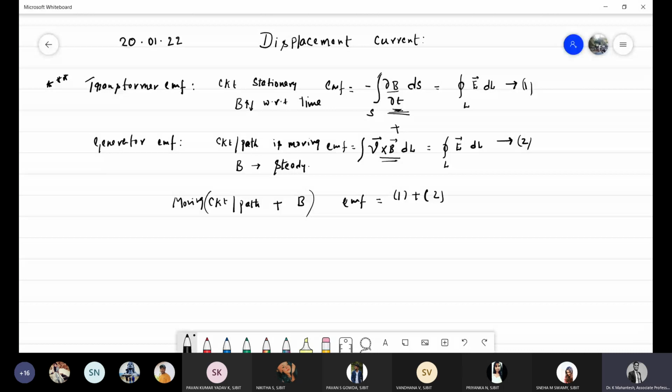So next, we shall go to the concept of displacement current. Let me just try to remove this.